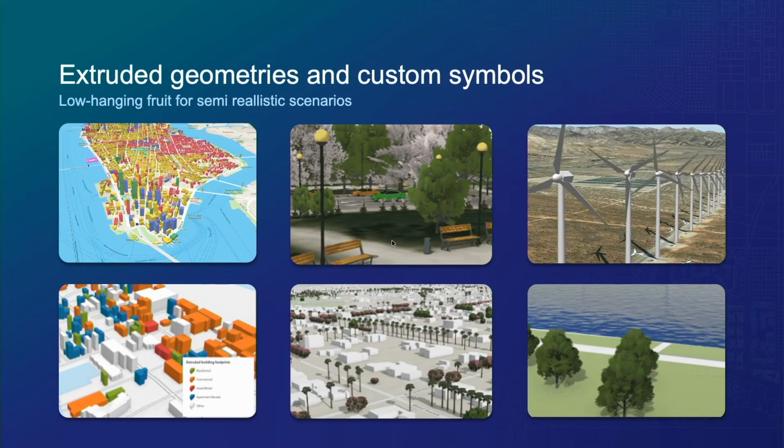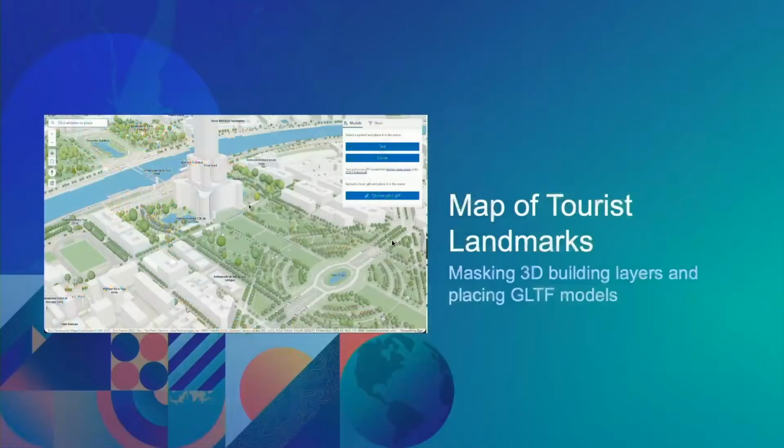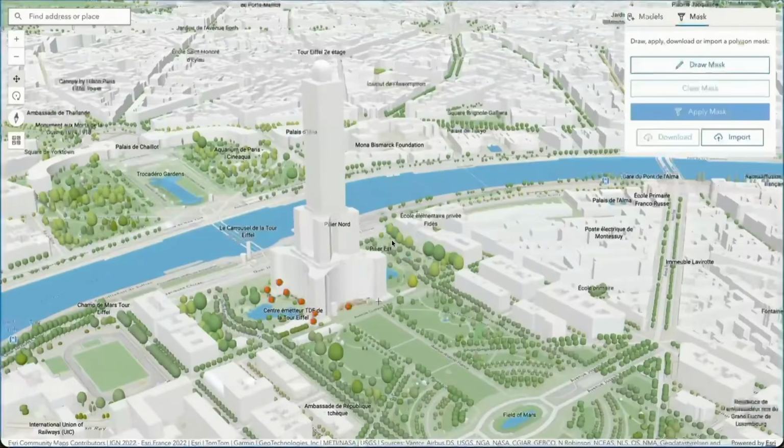In addition to adding those 3D building layers and playing around with that, which are the simple things to do if you're not well versed in 3D, you can also, of course, use the symbology that is provided, making the water move and so on. But one thing I wanted to play around with the other day was making a tourist map with landmarks. I want to take the 3D buildings layer, apply some masks, and add some 3D models.